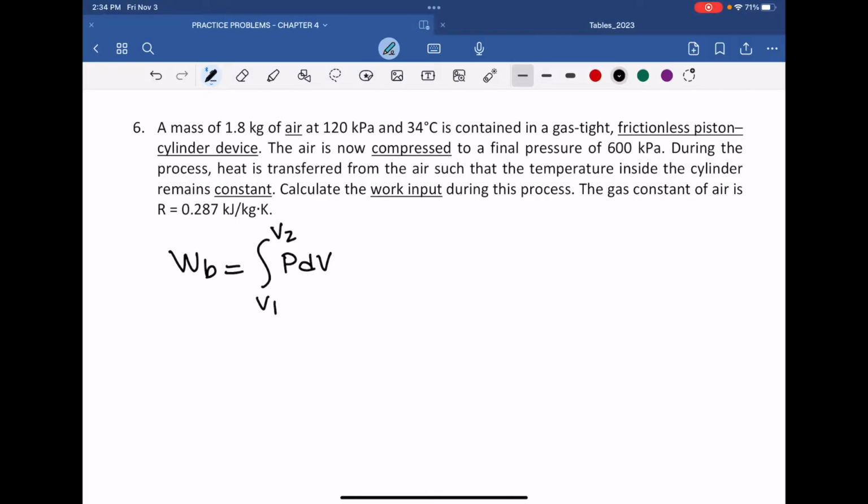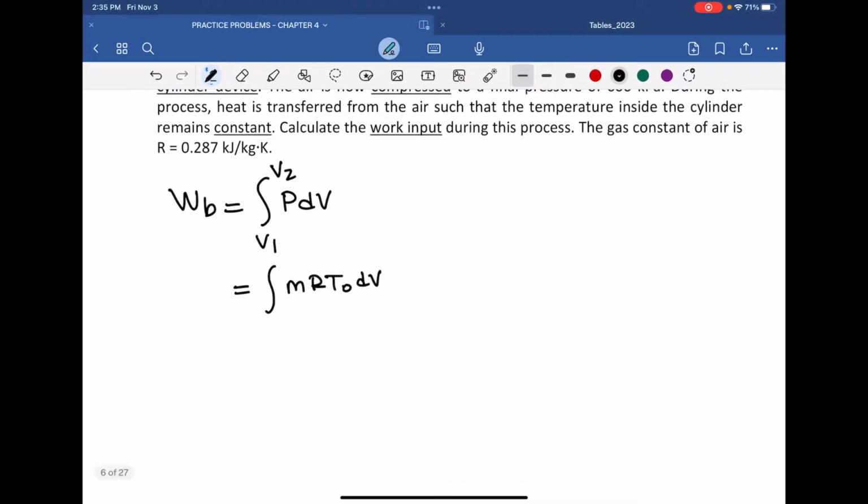And since this is air, ideal gas, I can replace pressure with mRT/V, dV. Okay. And remember last example we did, T1 is equal to T2 here, both equal to the same temperature, which is T0.